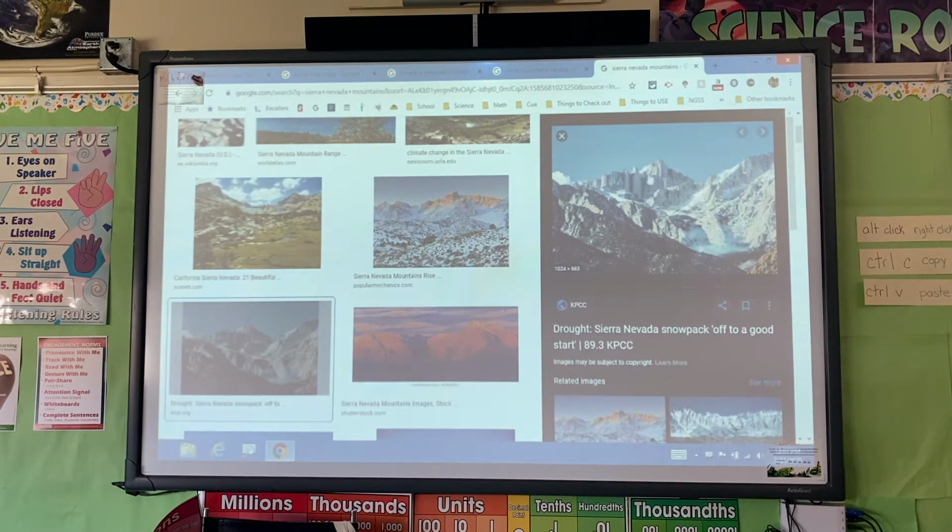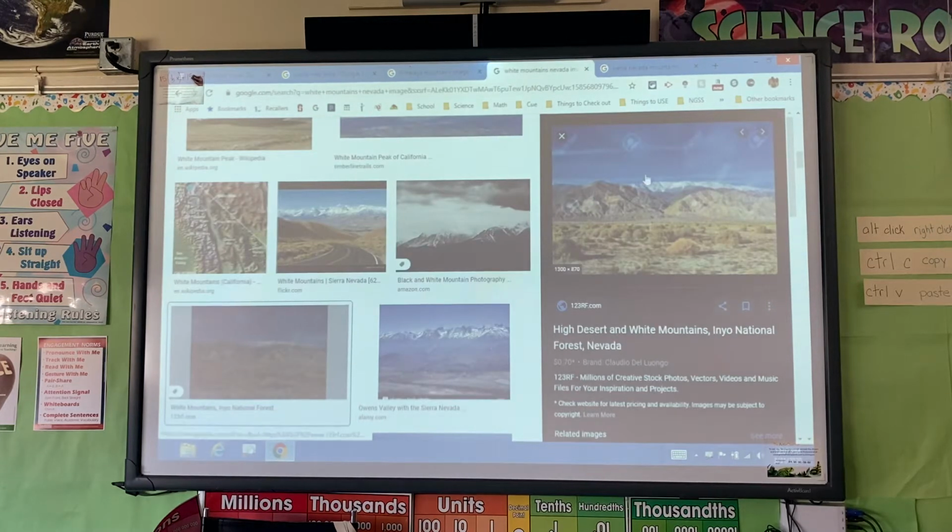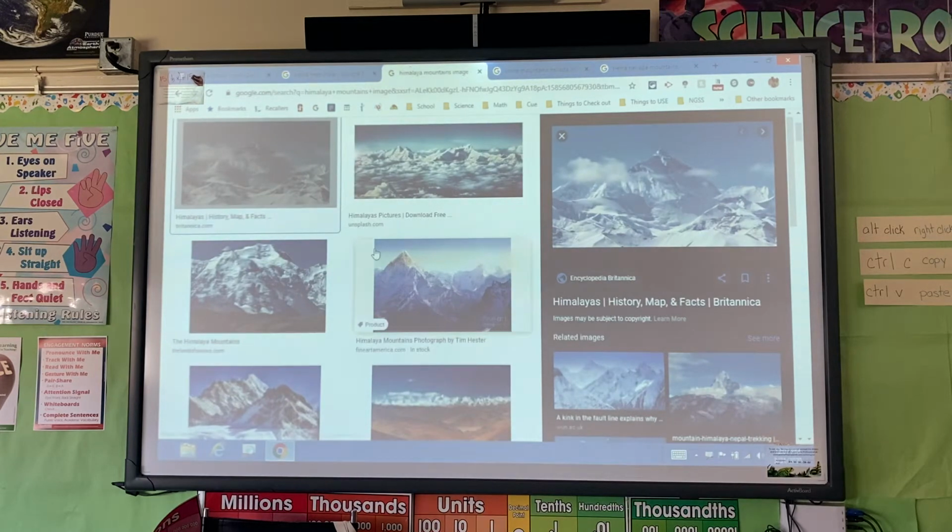These are definitely a little sharper. I would imagine there hasn't been a lot of erosion here, whereas on the White Mountains, we see quite a bit of erosion. If you look back at the Himalaya mountains, they don't look like they've actually experienced a lot of erosion. In fact, they are a fairly young range and began forming approximately 50 million years ago.